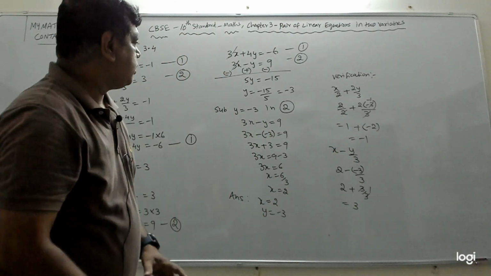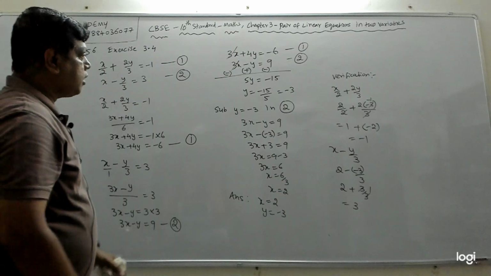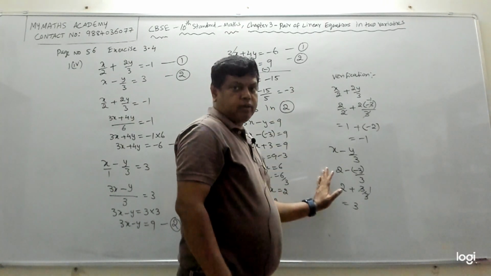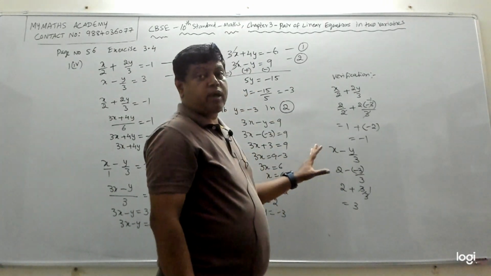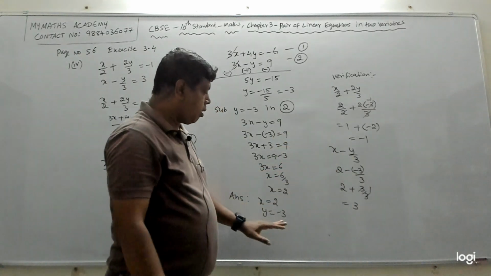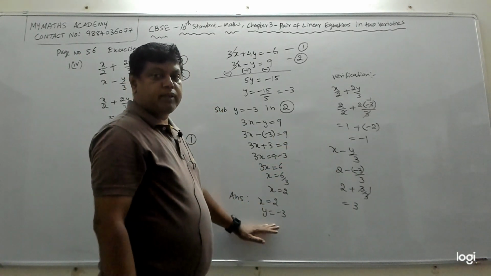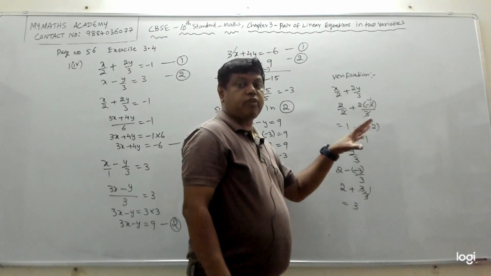Fine. Now as I said, this verification is not required to be shown as a step for the problem, because the problem ends here. This you can do as rough work if you have time.